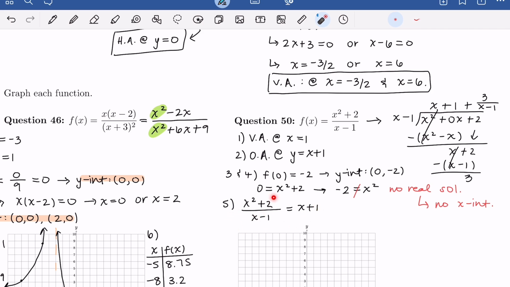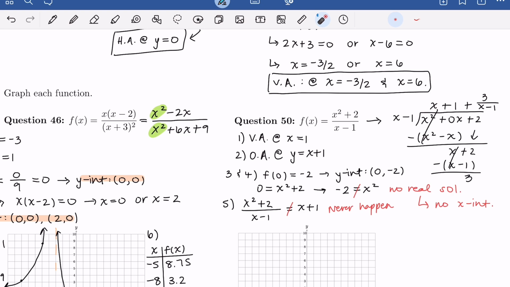Actually, we know this is never going to happen, because we showed that when we divide these, we end up with x plus 1 and a remainder. We still have this plus 3 as a remainder, so they will never be exactly equal. We showed that by dividing using polynomial long division.